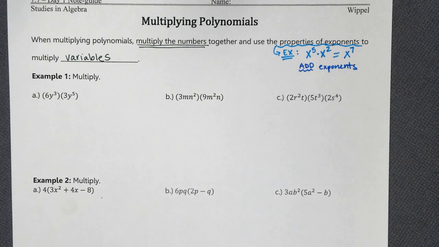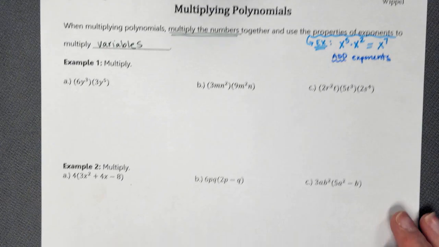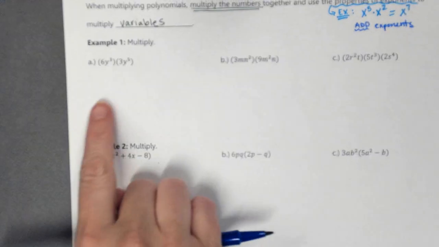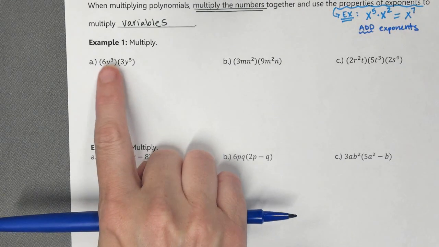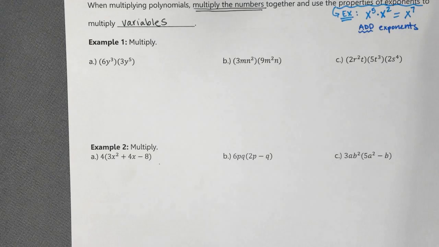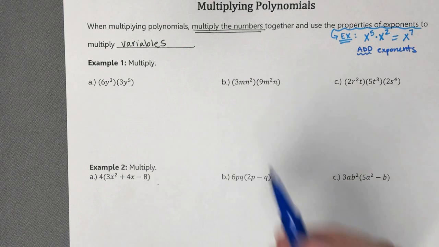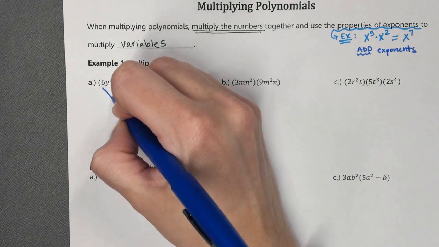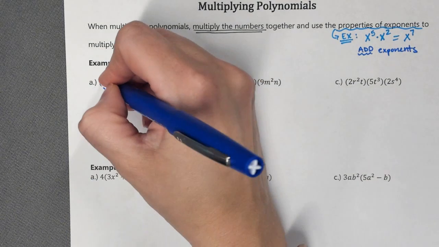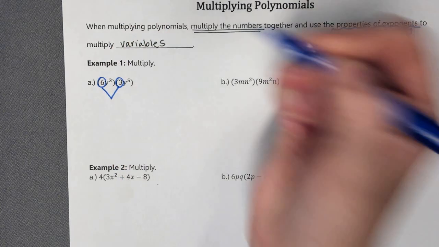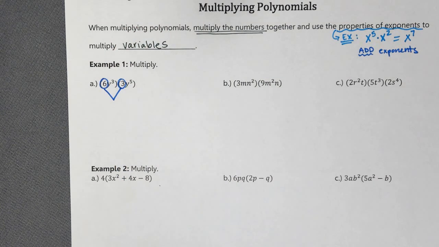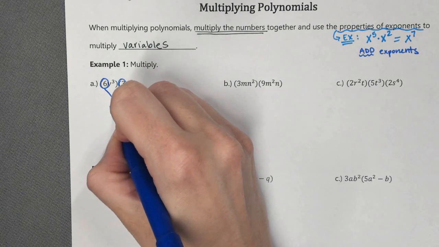Okay, so we're going to use that rule for part A. It says to multiply. Remember, there are different ways that they'll show you to multiply. One way is to have those parentheses there. We're going to multiply the numbers together, so we're going to multiply 6 times 3. Do you guys know what 6 times 3 is? 18 is right.